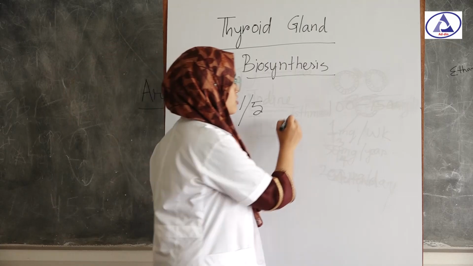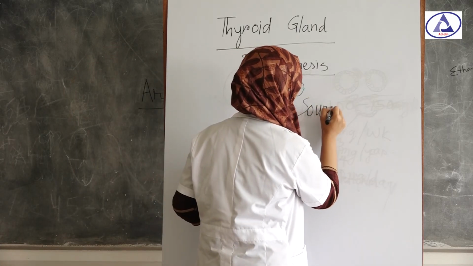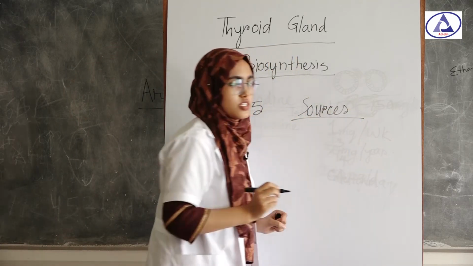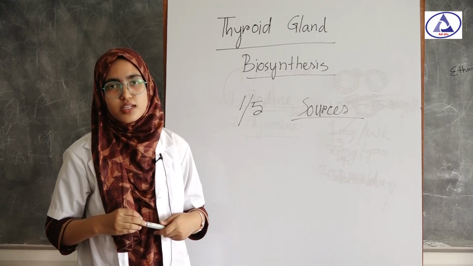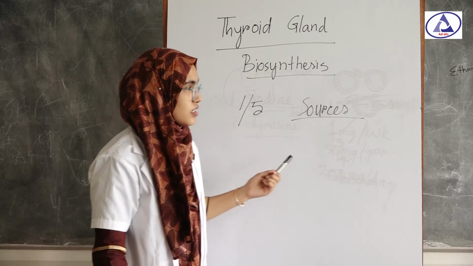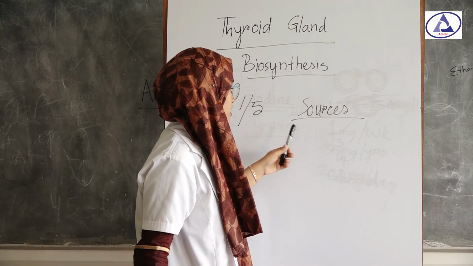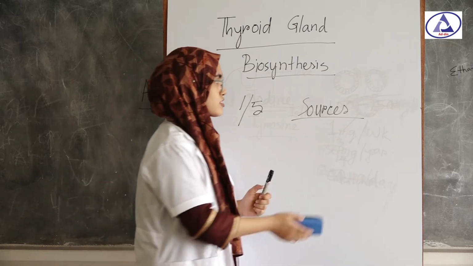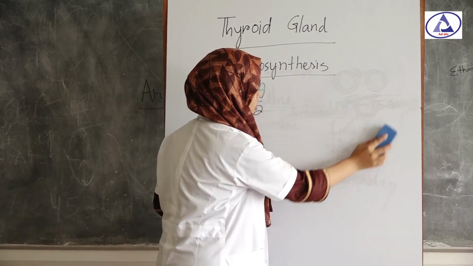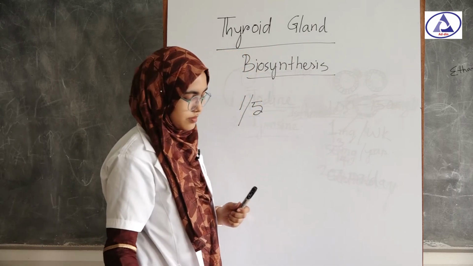Then what are the sources of iodine? The main sources of iodine are seafood, sea fish, or vegetables growing near the sea land. But not everywhere is near the sea. So, to prevent iodine deficiency, common table salt is iodized, or fortified with iodine.